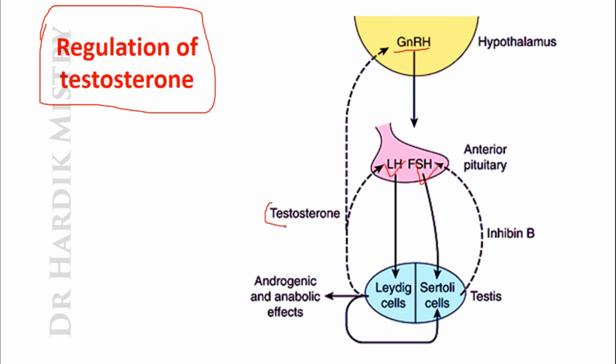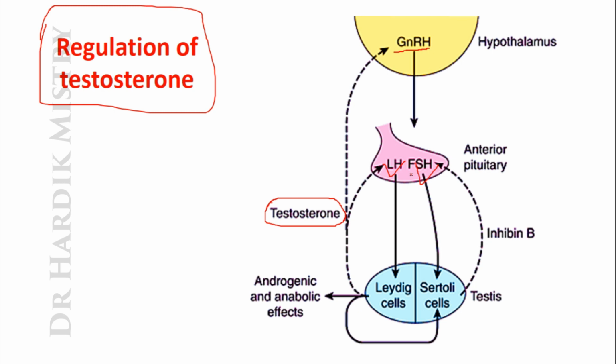Once testosterone is secreted into the blood, it has a negative feedback mechanism on the anterior pituitary gland as well as on the hypothalamus, so that it reduces or stops the secretion of gonadotropin releasing hormone from the hypothalamus and luteinizing hormone from the anterior pituitary gland.